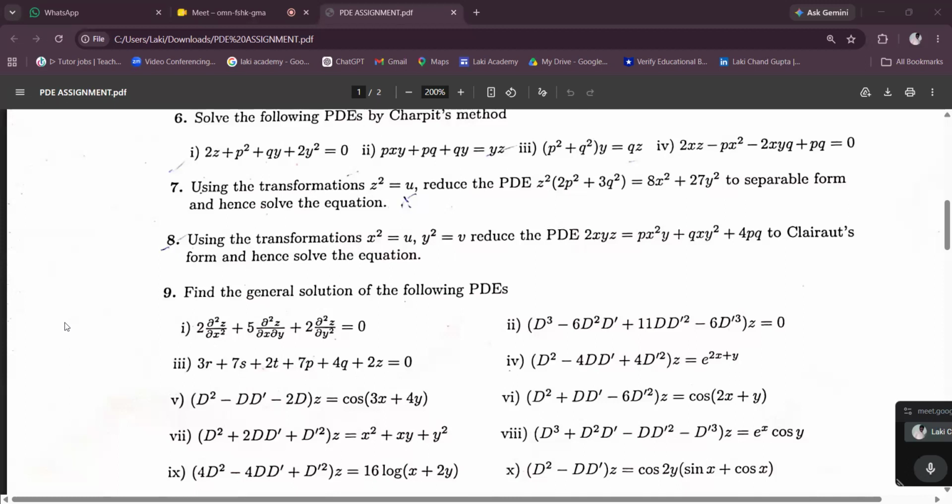You getting? Okay. See, in the function you have pxy, pq, qi, yz.